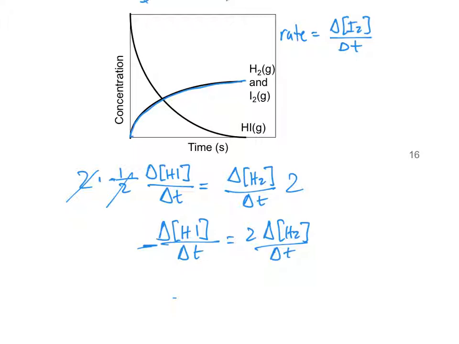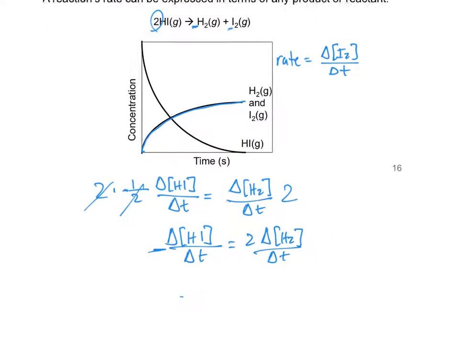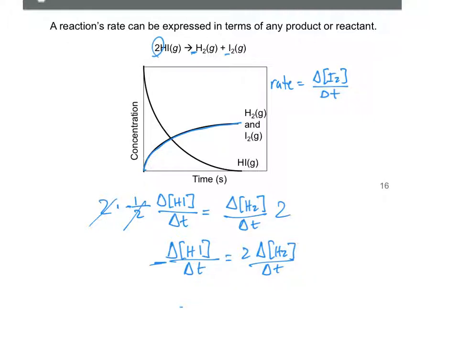Yes. So basically your relationship between the two rates is whatever that coefficient is, if you're looking at a graph of both the reactants and the products. So the appearance and disappearance are related via the stoichiometry.